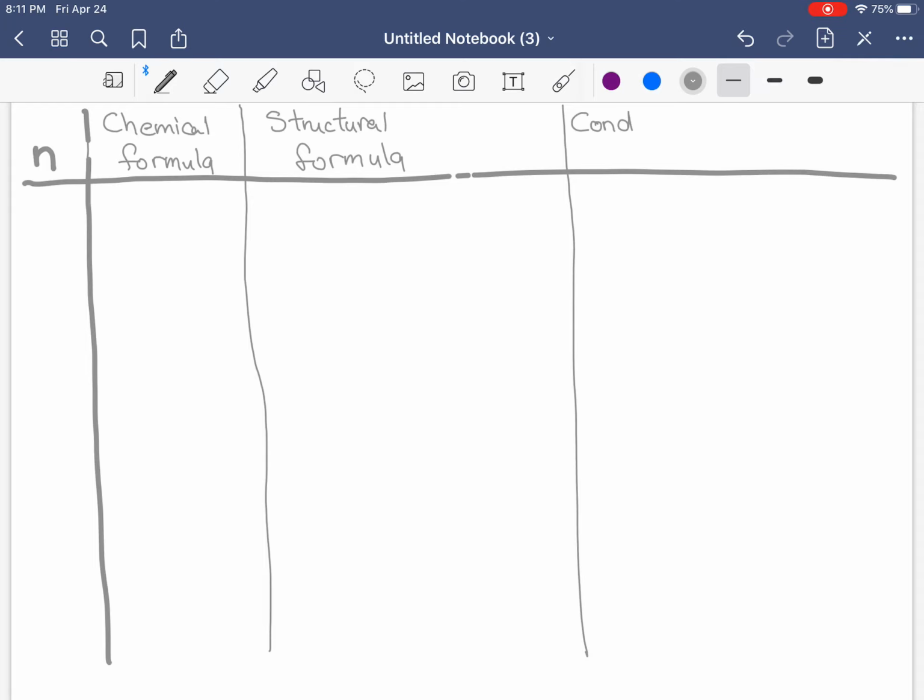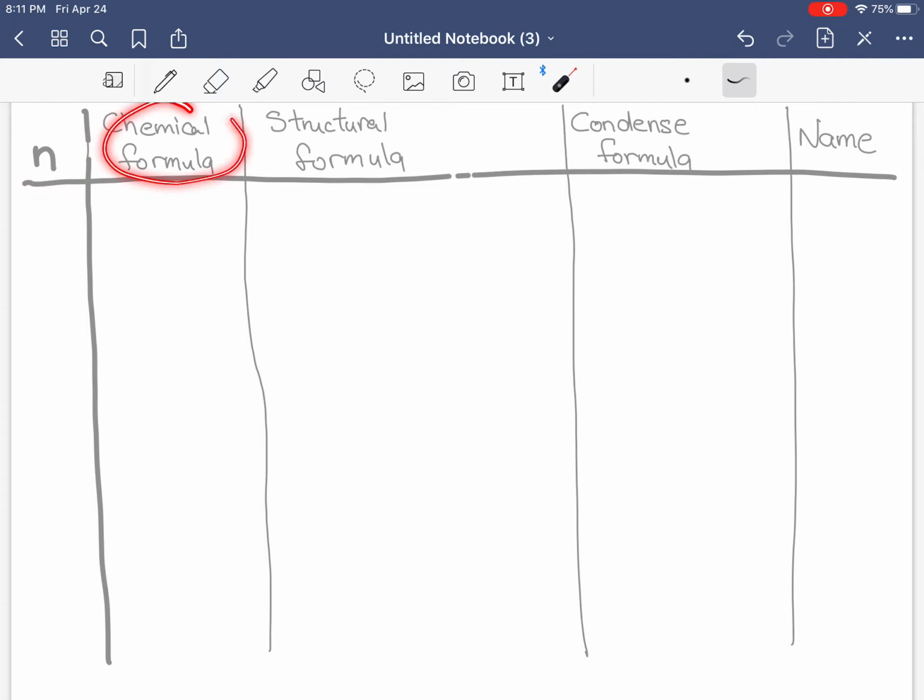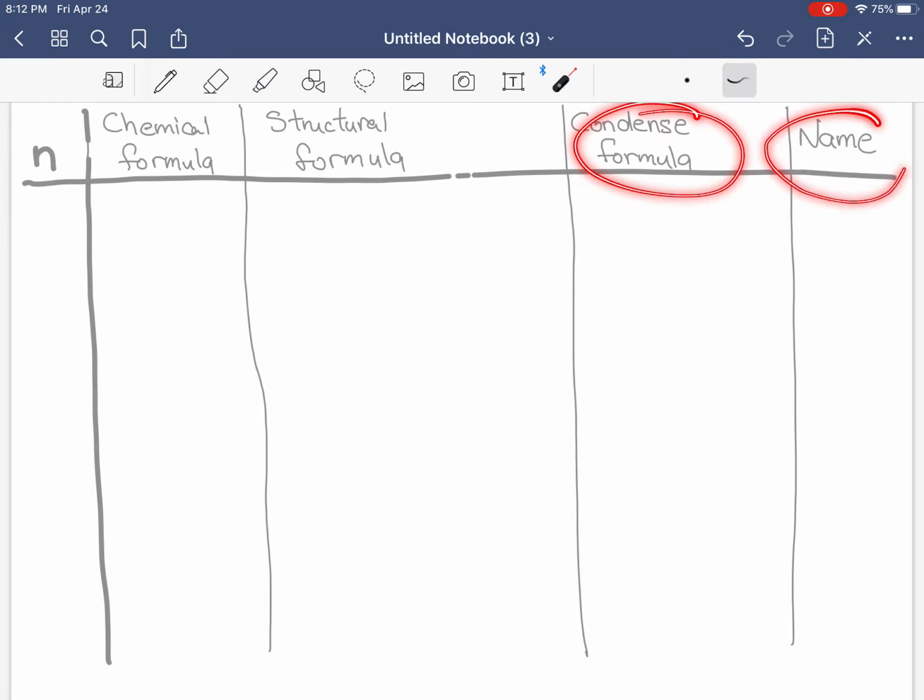This one I want you to learn, because we're going to be doing this formula after you guys are comfortable with organic chemistry. And then I have name. Okay? So we have N, which stands for number of carbon, giving me a chemical formula. And then we have structural formula, condensed formula, and name.